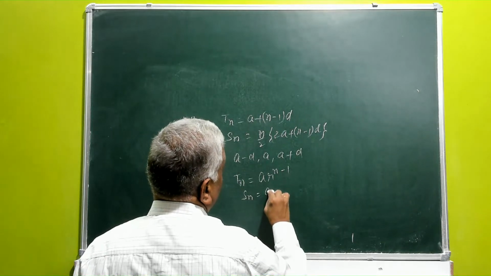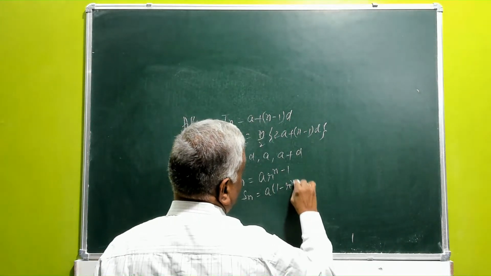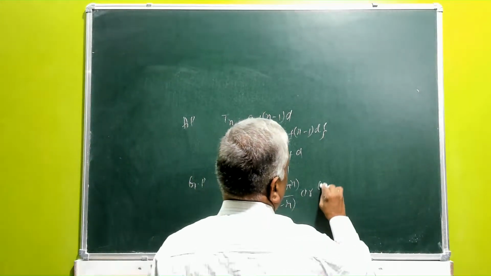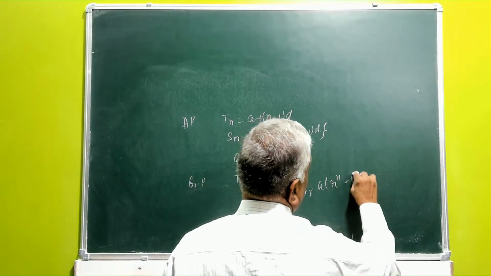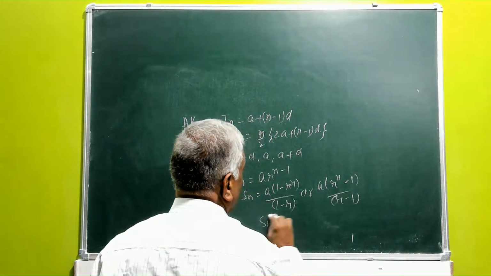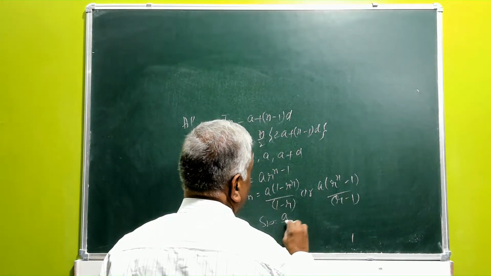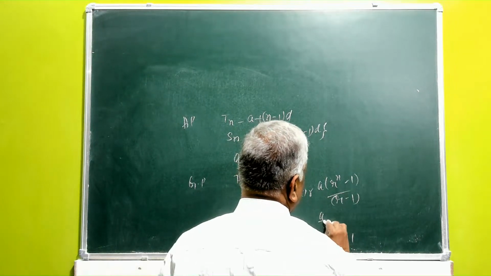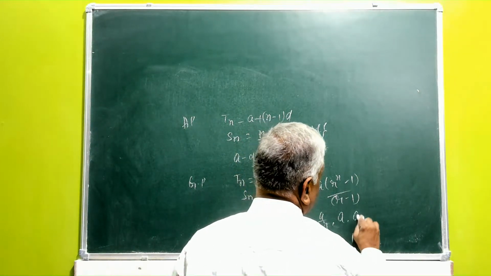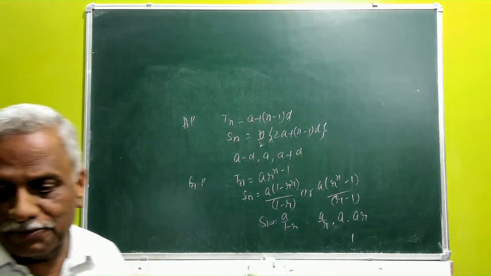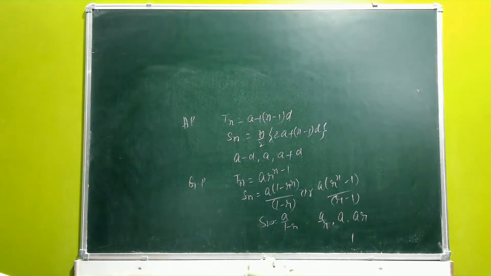Sn is equal to a into 1 minus r to the power of n by 1 minus r, or a into r to the power of n minus 1 by r minus 1. And S infinity is equal to a by 1 minus r. Further, we also discussed three terms in GP. So these are the basic concepts required to work any problem on progressions in CET.